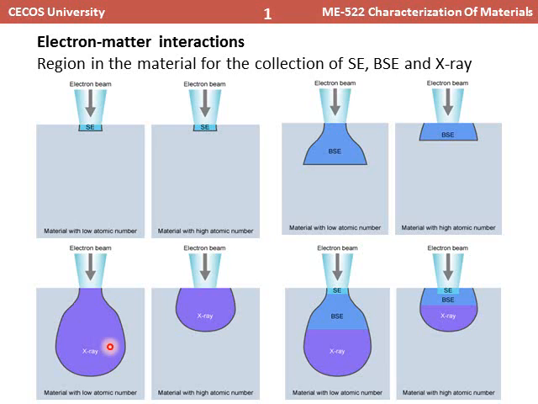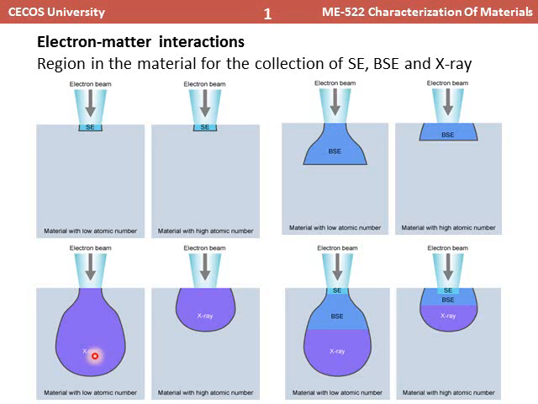So in case of X-rays, the depth of penetration of this high energy beam is much more in case of low atomic number as compared to the high atomic number. This is very similar to the backscattered electron. What is happening is that these high energy electrons move inside the bulk, penetrating from the surface into the bulk of low atomic number.